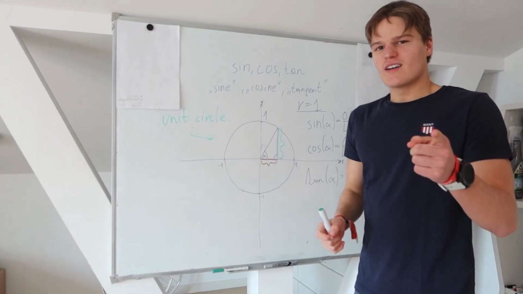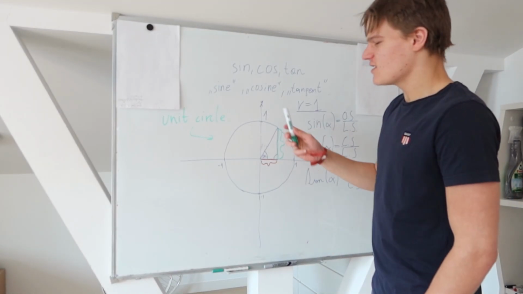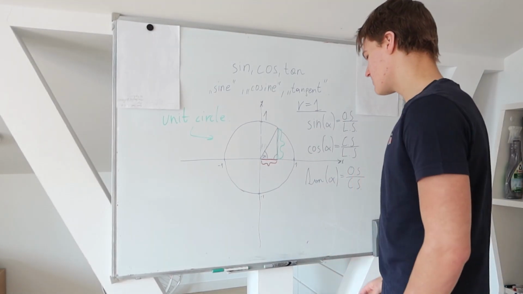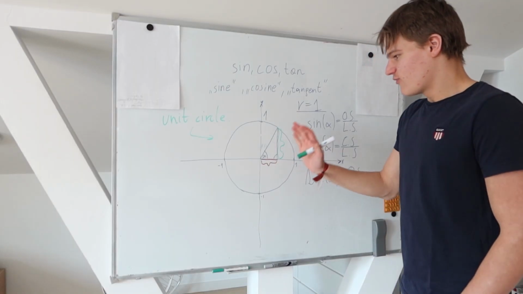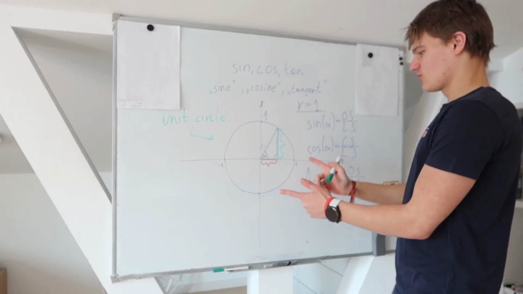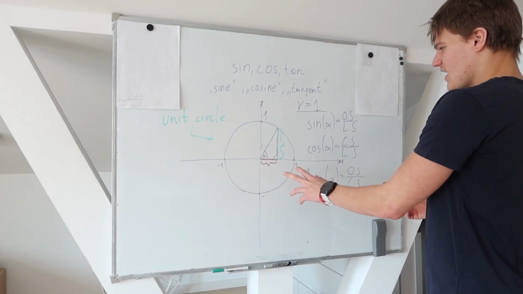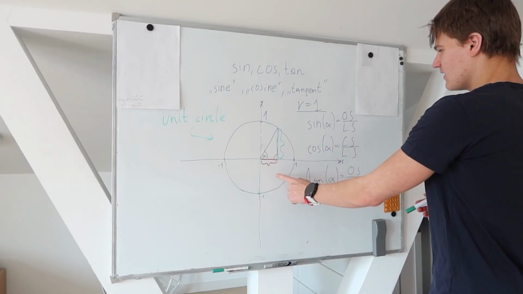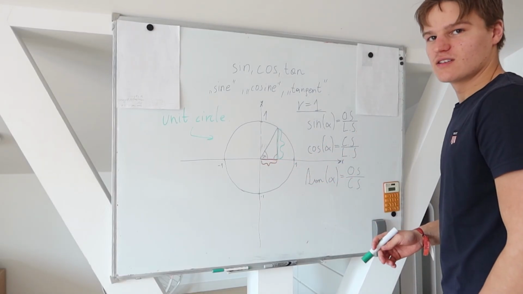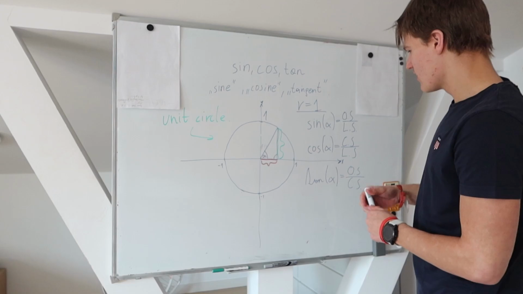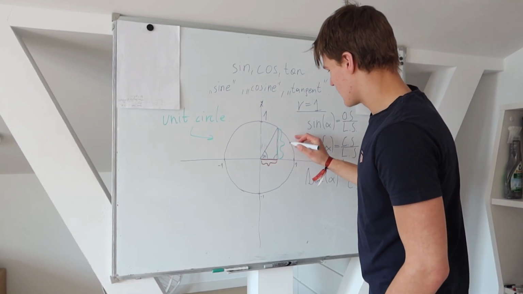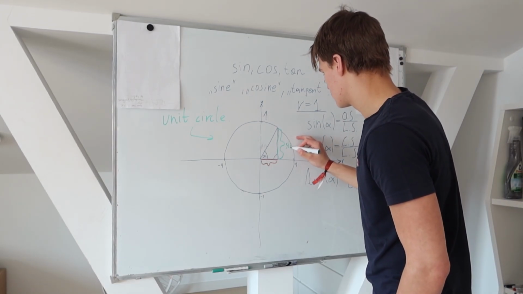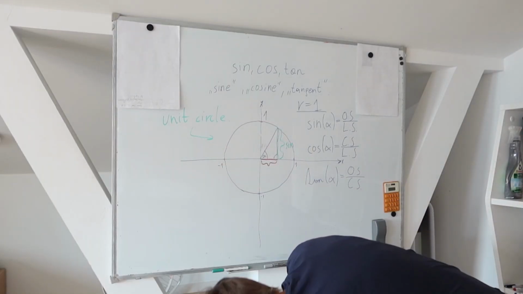And now the question is, I said previously that the radius is exactly equal to 1. What does that mean for us? For this given circle right here, the sine of any given angle is just the opposite side. You guys see that? So what does that mean? We have the sine here, and we have the cosine here.